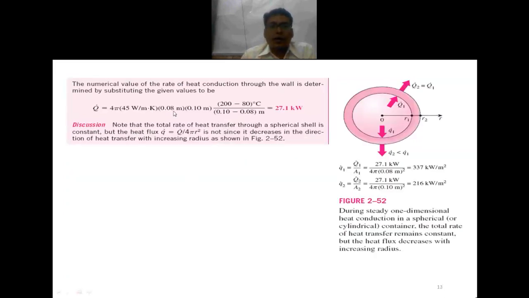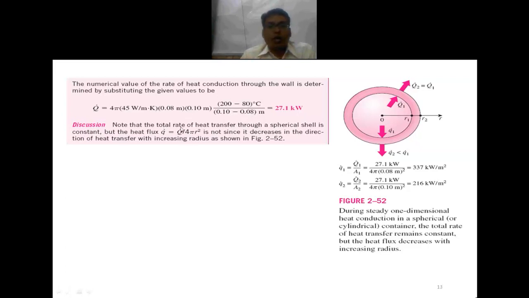R1 is 0.08 meter, R2 is 0.1 meter, and the temperature difference T1 minus T2 upon R2 minus R1. So that comes out as 27.1 kilowatt.